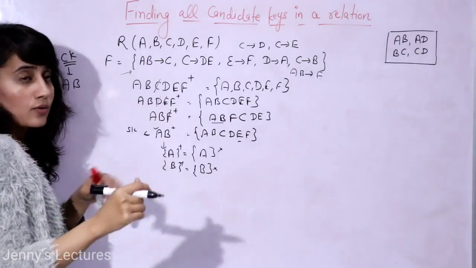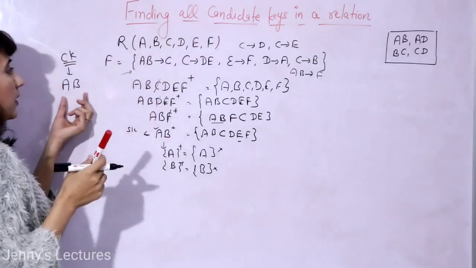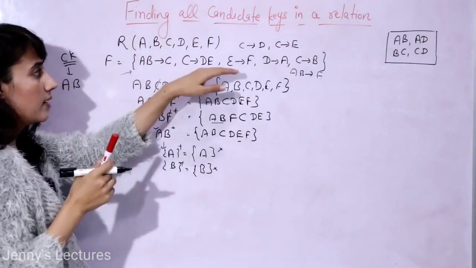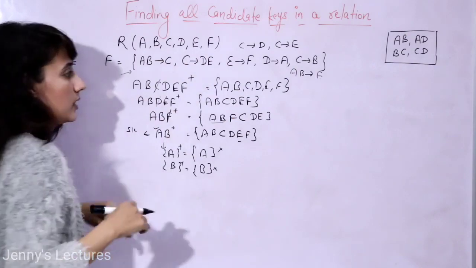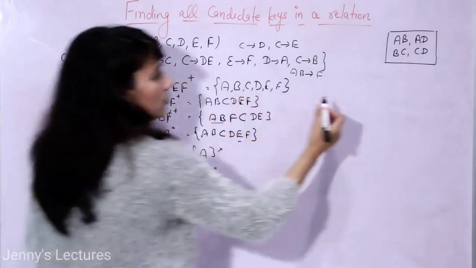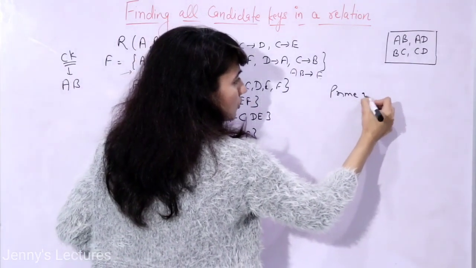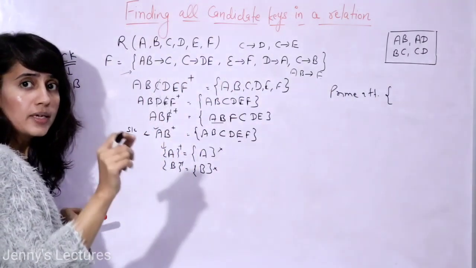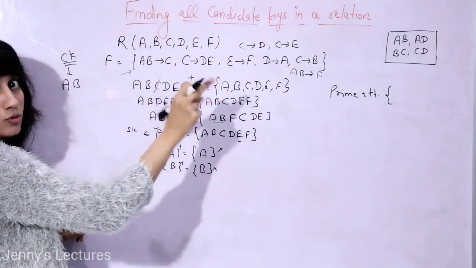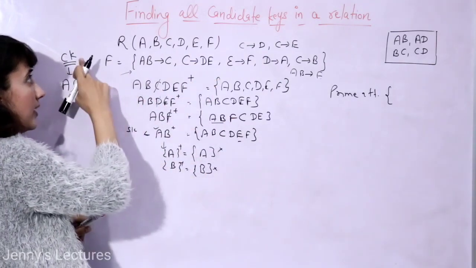Fine. Now after that it is very simple. Now you need to check whether there are still other candidate keys present in the relation or not. How to check that thing? See now, check out the prime attributes first of all. All the attributes which are making a candidate key, those are prime attributes. At this point of time we have only one candidate key, AB.